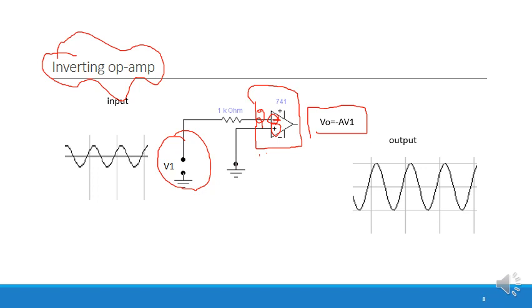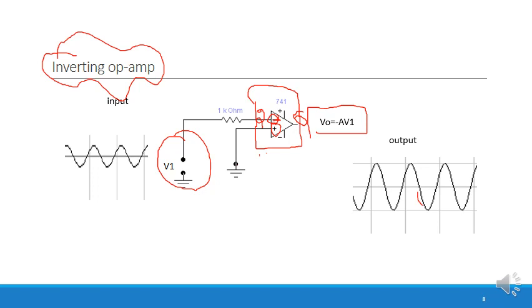If input is applied to the inverting terminal, the non-inverting terminal is grounded, and output is taken across the output terminal, that is pin number 6, then you are going to get the inverted, amplified output at the output terminal. It is called the inverting amplifier.